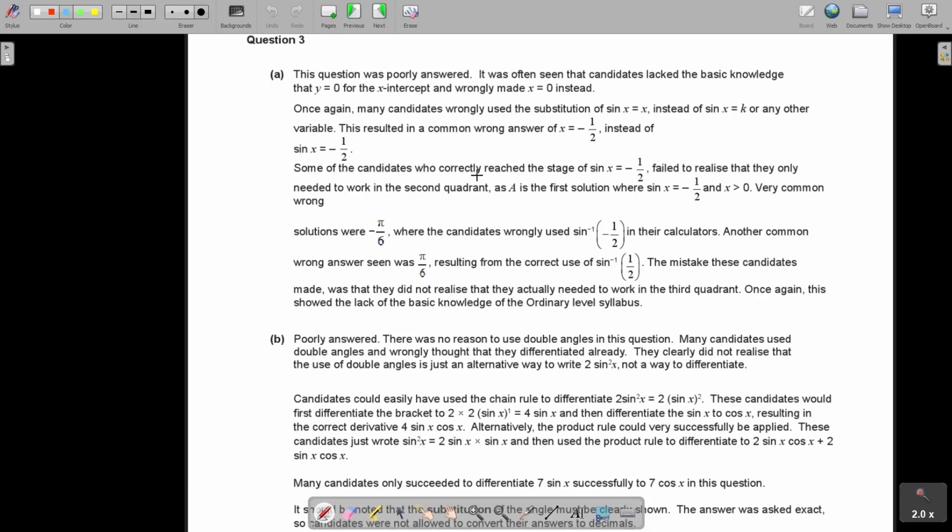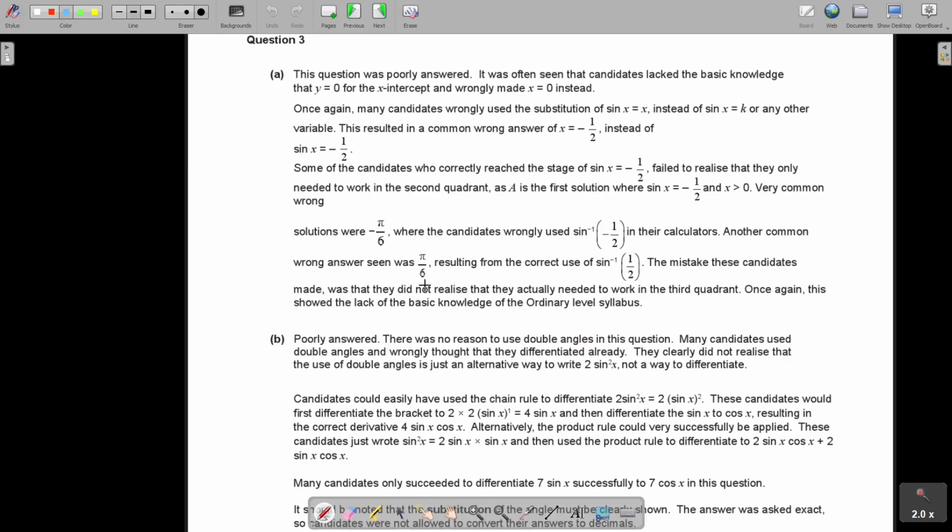Some of the candidates who correctly reached this stage failed to realize that they only needed to work in the second quadrant, as in the first solution where x is bigger than, very common wrong. Okay, keep that first in mind. Here it comes in the third: solutions with negative pi over 6, where the candidates wrongly used their calculators. Another common wrong answer seen was pi over 6.